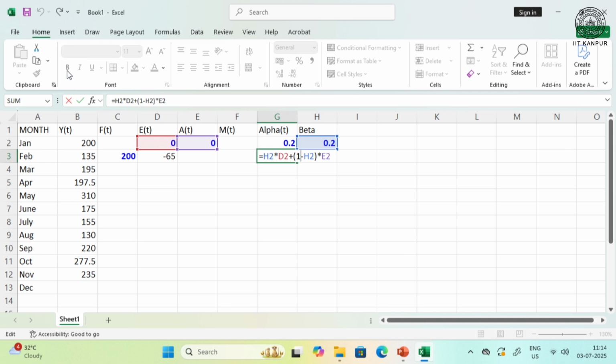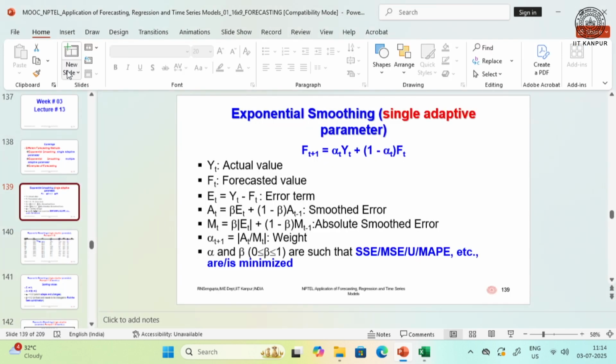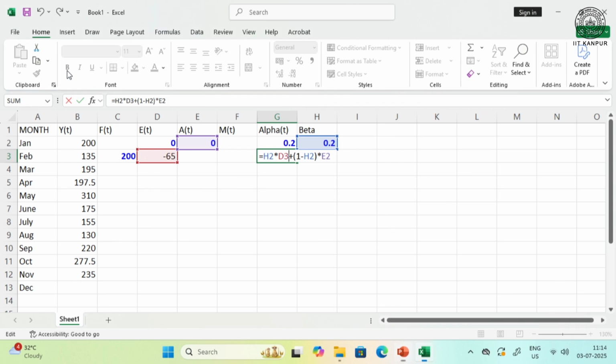Et now is not dt, it is basically d3, and the value of 1 minus beta remains as 1 minus 0.2. And the error would be given by et and at minus 1, perfect.